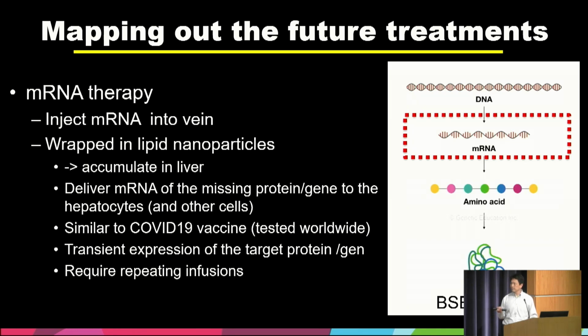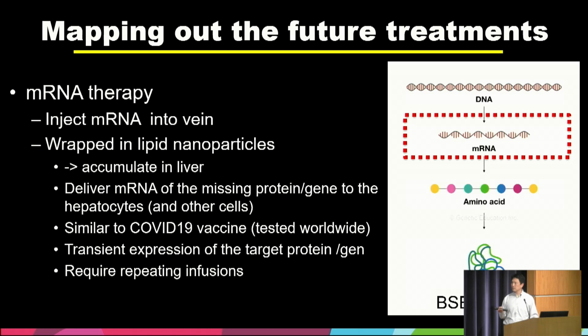But the caveat is that it's not so selective. Other types of cells, other parts of the organ can also take it up. Sometimes it can go to the heart, sometimes to the liver or kidney, and maybe sometimes the kidney may have a better function there. But I have to say this is not specific.